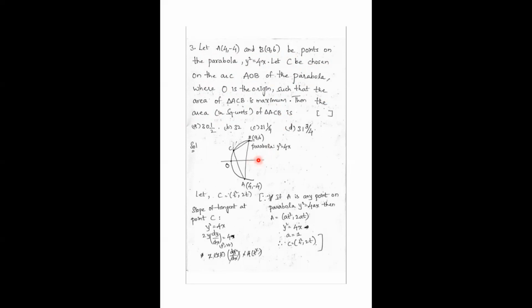Now let's draw the given parabola first. This is the given parabola and its equation is y² = 4x, and we are given the points A and B on the parabola. A is (4, -4) and B is (9, 6), and C is any random point on the arc AOB.